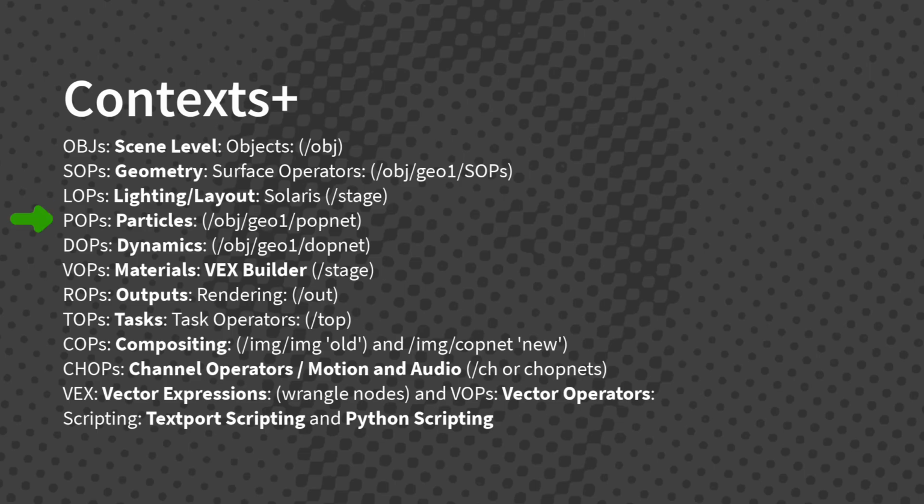So then the next is the particles. As I mentioned before, inside the geometry surface operators, we have these little dynamics things. There's this thing called the popnet, and the popnet is exactly what the node below is. You see, it says dynamics. A popnet is just a dynamics node with some presets set in for doing particles.